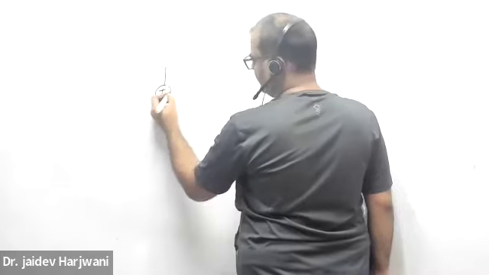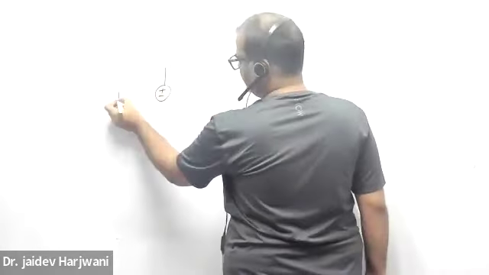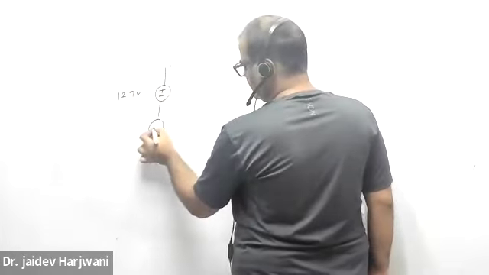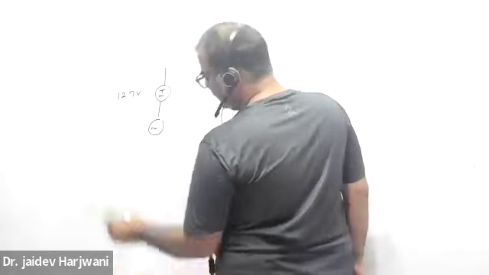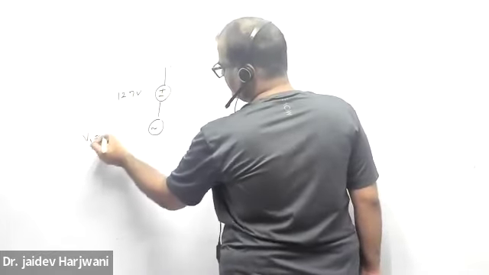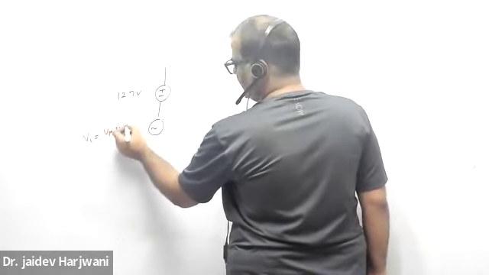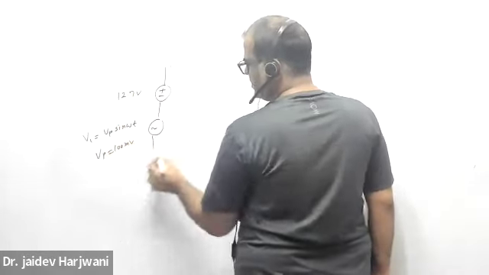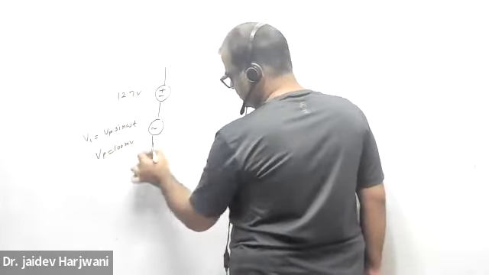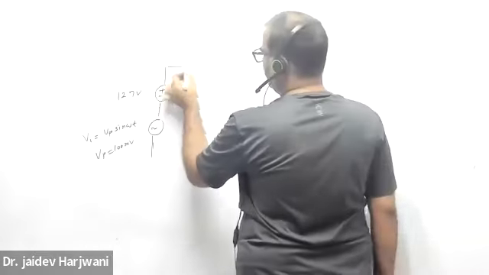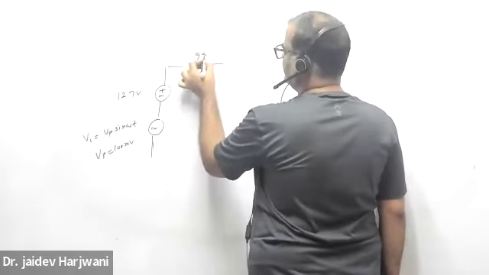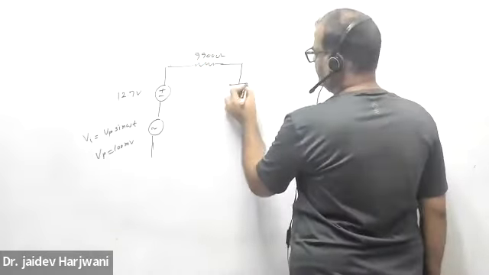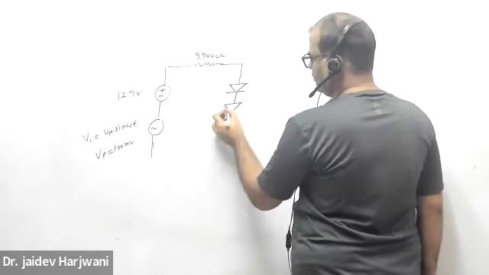Now say I have a DC voltage of 12.7 volt. AC signal is 100 millivolt. So V input is Vp sine omega t and amplitude is 100 millivolt. And here you have 9,900 ohm, and you have here 4 silicon diodes.